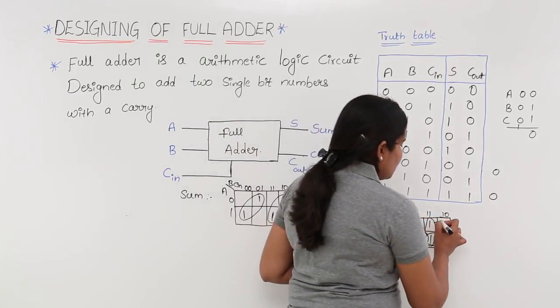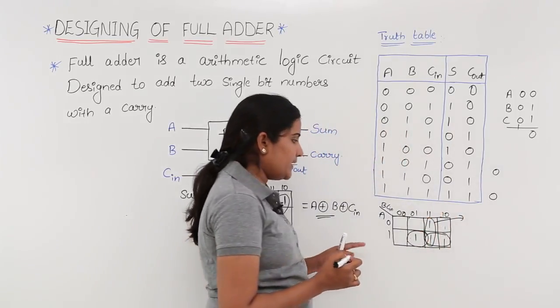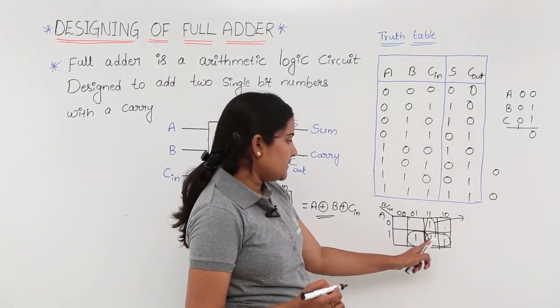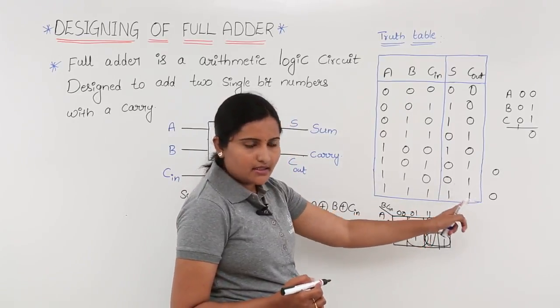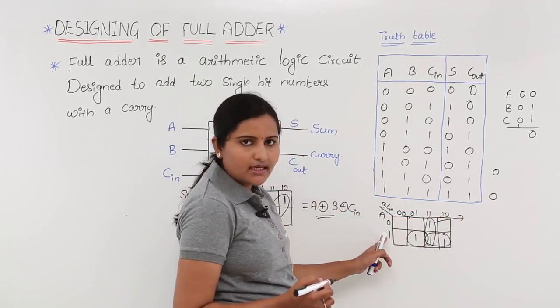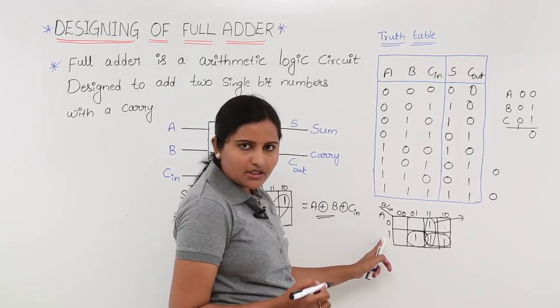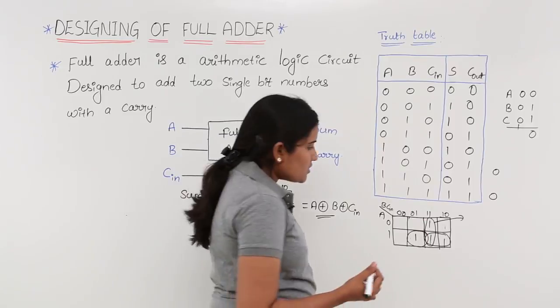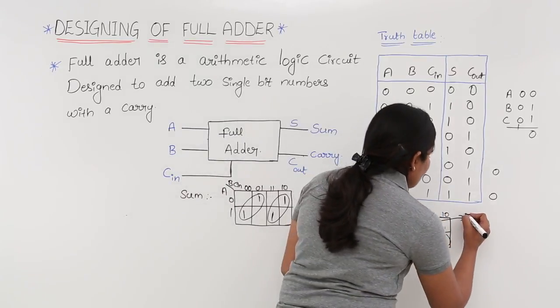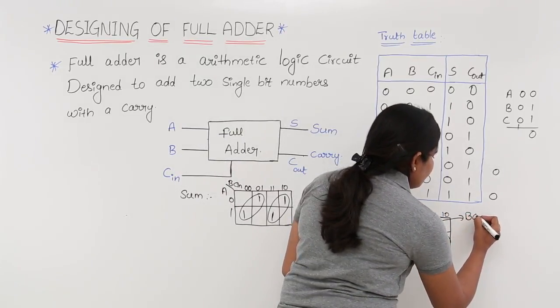Now I am writing the expression for this prime implicant. Top side it is covering only one box, so you can take it as it is. Sidewise it is covering 2 cells, so there is no common combination there, you can leave that and write only the top side, that is B, C in.